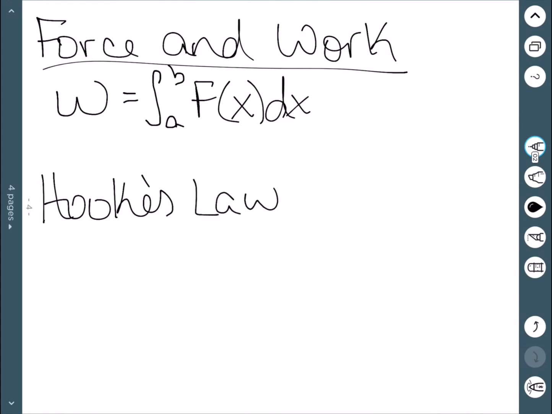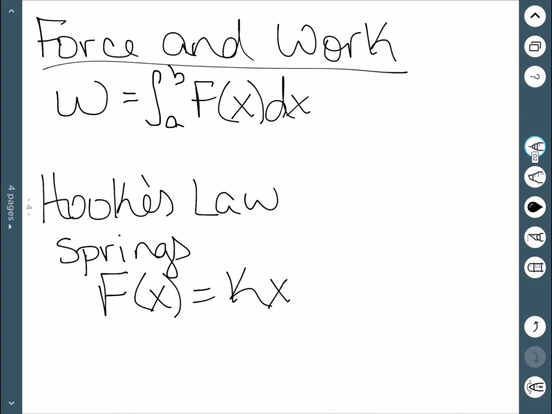And Hooke's law involves springs. If we want to move a spring from its equilibrium point to a certain point, then the amount of force that's involved is equal to k times x, where this k depends on our stiffness of our spring.